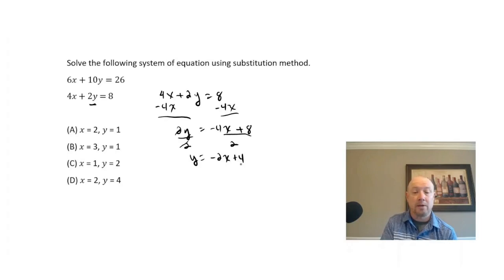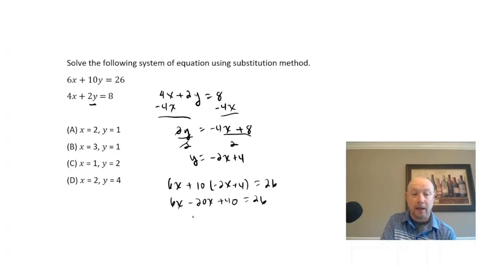Right? So now I'm going to substitute the y value, negative 2x plus 4, into the top equation. So I'm going to take 6x plus 10 times the quantity, and I replace the y by negative 2x plus 4, equals 26. So I get 6x, distribute the 10, I get minus 20x plus 40 equals 26.